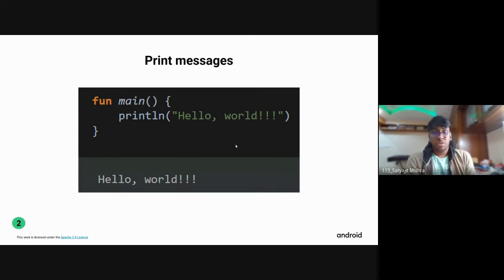The way we implement functions in Kotlin is by using the fun keyword, and a simple println command with the quote will print the sentence hello world.